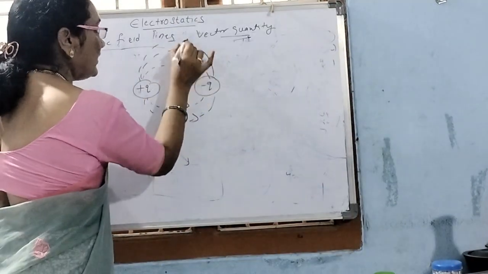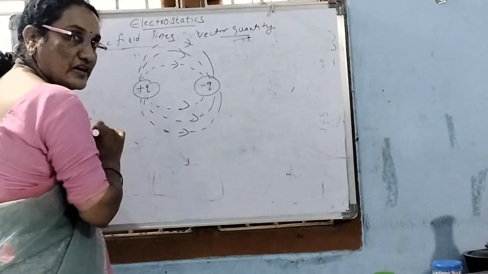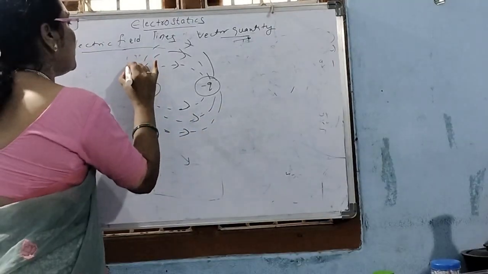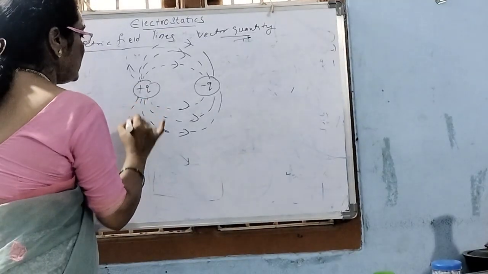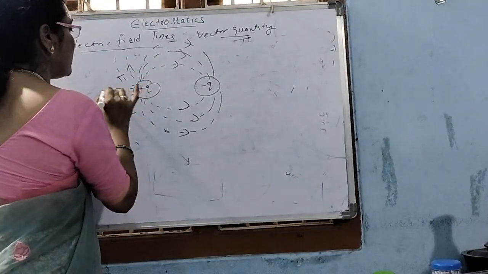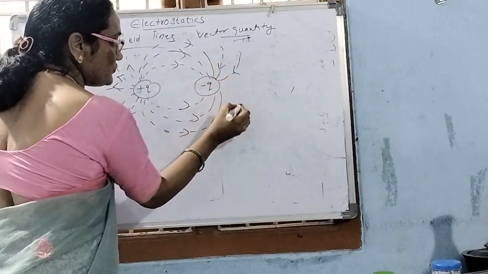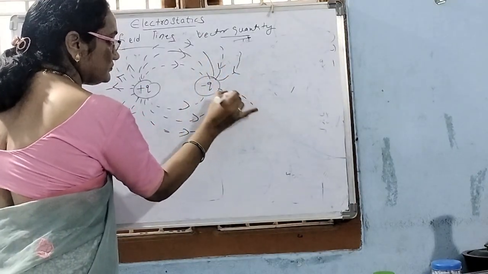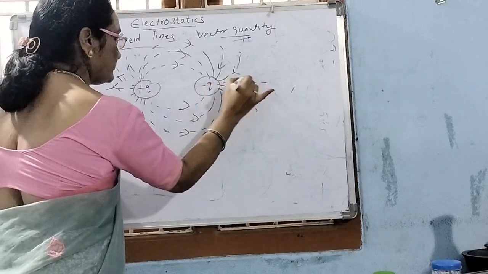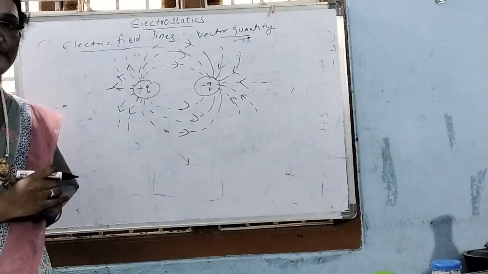Flux lines flow from positive to negative, if we take unlike charges.